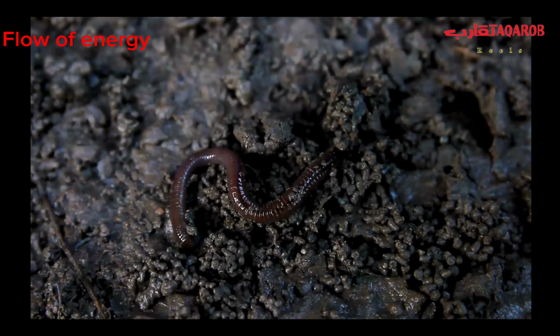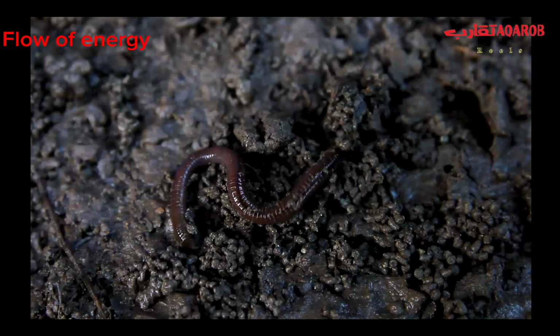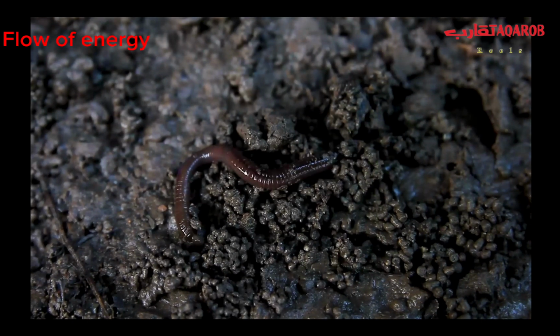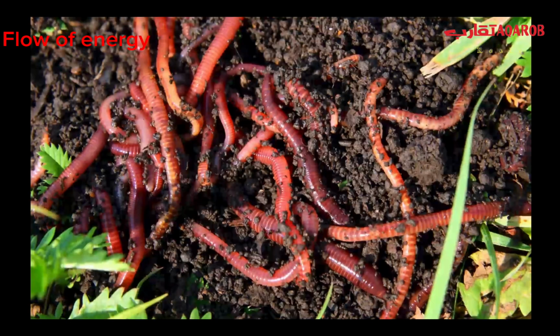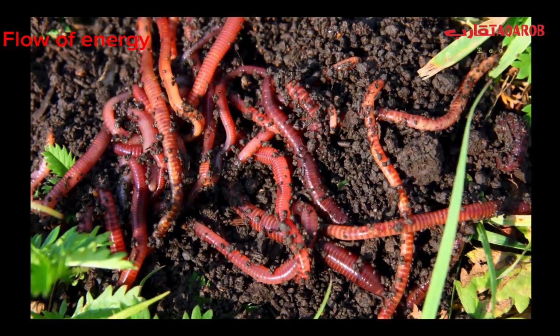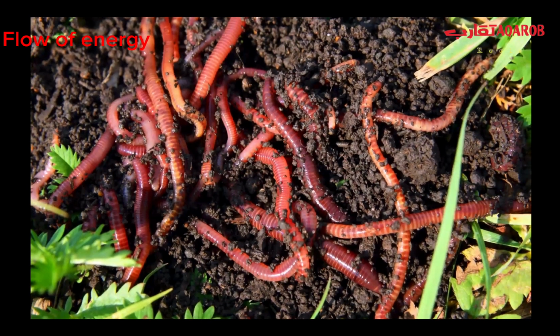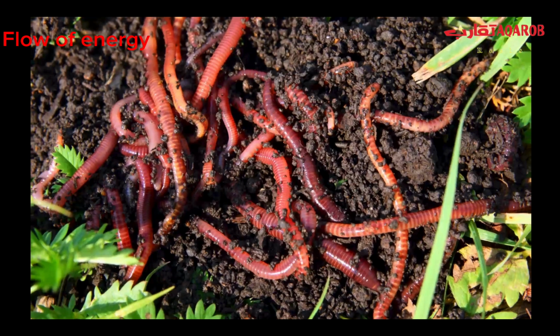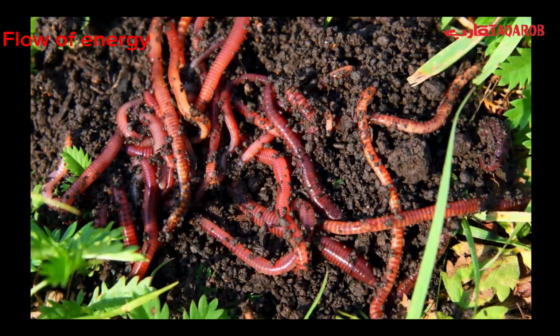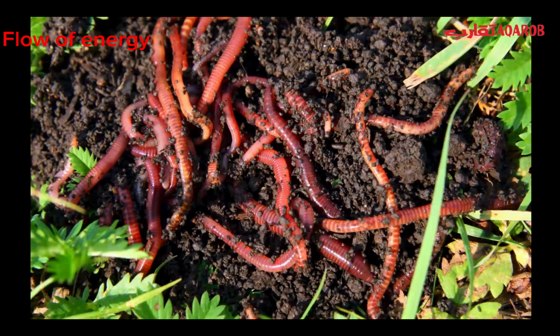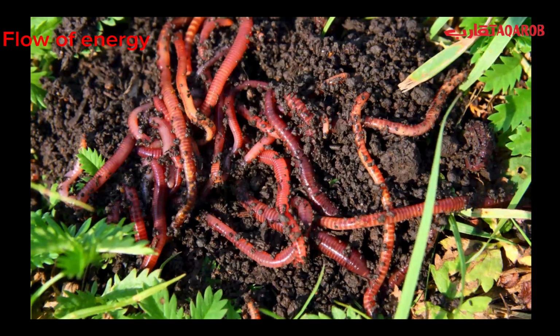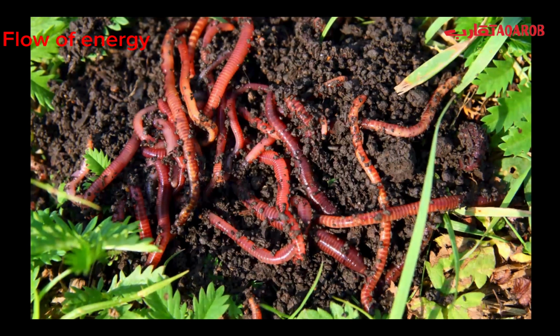They finish the decomposing job and make more nutrients available for plants. As good as an earthworm is at decomposing plants and animals, a redworm is even better. Redworms are also known as composting worms, manure worms, or red wigglers. These 5-inch long worms can eat 3 times their weight in a week.